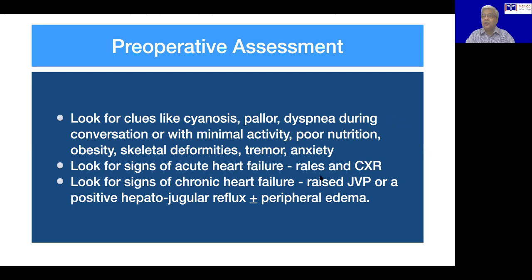What are the common signs? Look for rales and changes in the chest X-ray. Also look for signs of chronic heart failure. The signs of chronic heart failure we commonly look for are a rise in the JVP or a positive hepatojugular reflex with or without the presence of pedal edema.